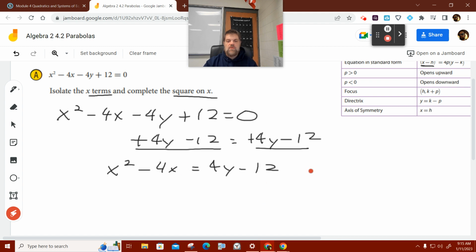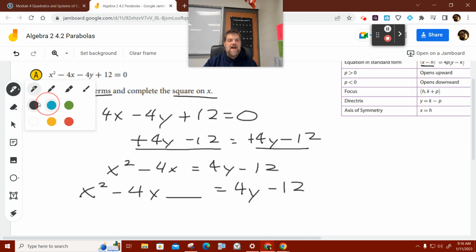To complete the square, remember, I look at this as a equals 1 and b equals -4. Let me write this out. I'm going to say x squared minus 4x, then I'm going to add something, is equal to 4y minus 12.